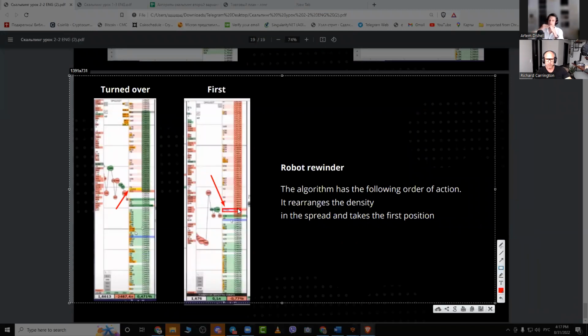Price turns up, this order follows it. Price turns down, this order follows it. And this means some big participants, or robots, want to fill their order.